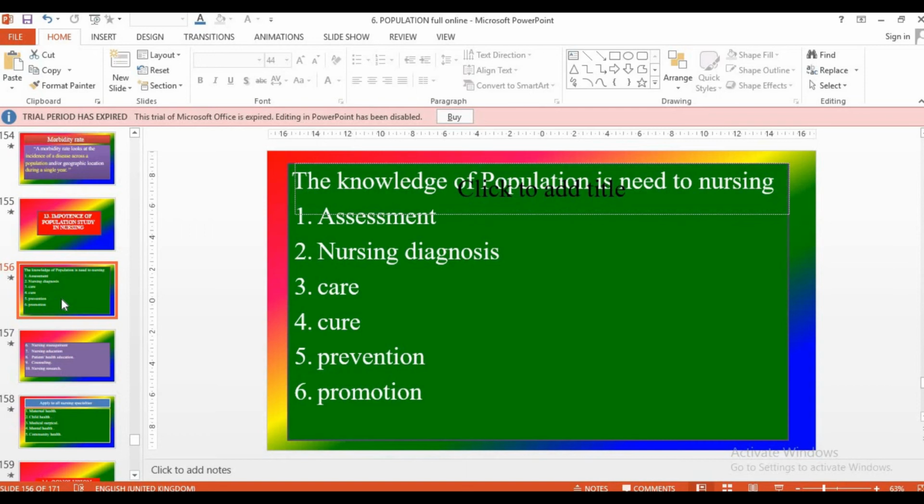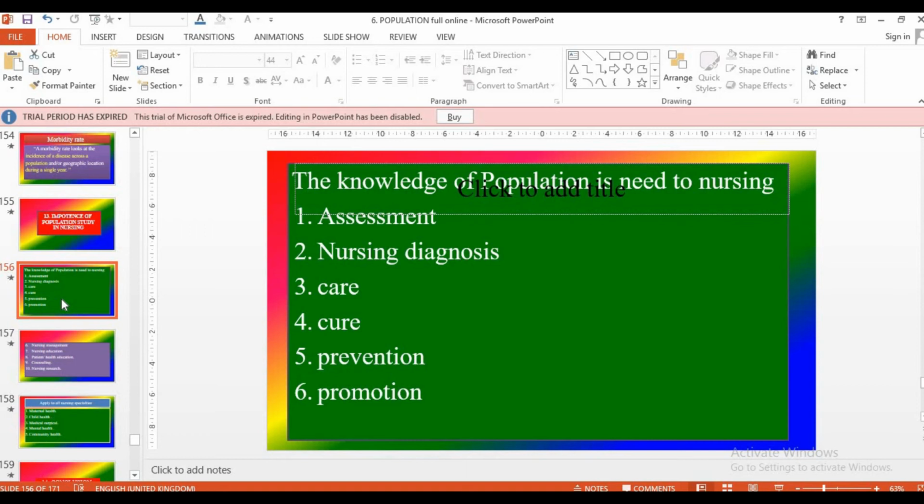Then treatment. Knowledge of the population can be used to treat diseases. For example, to control and treat epidemic and endemic diseases, study the population characters to implement various programs.